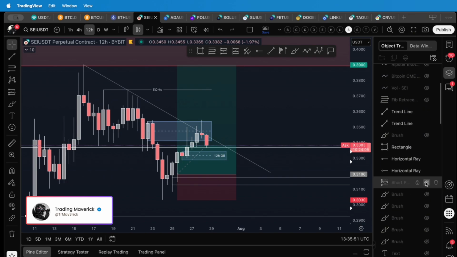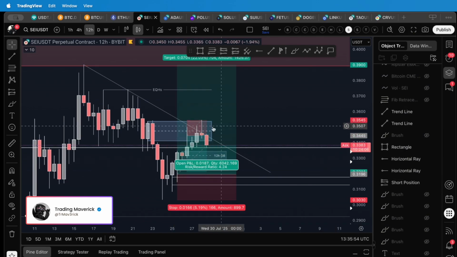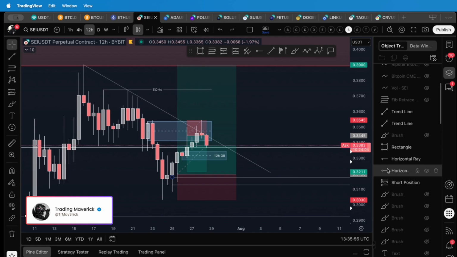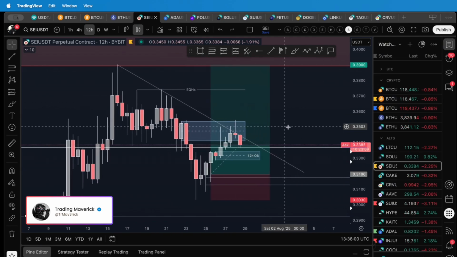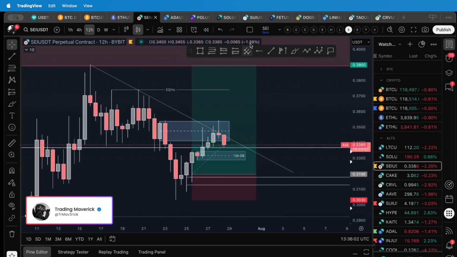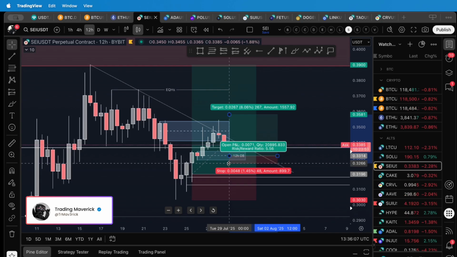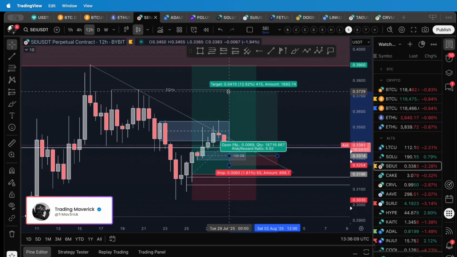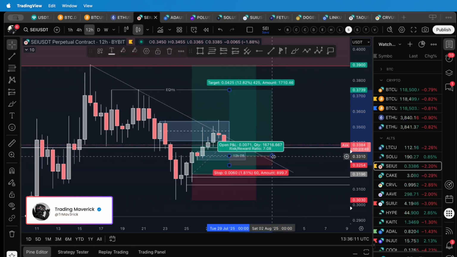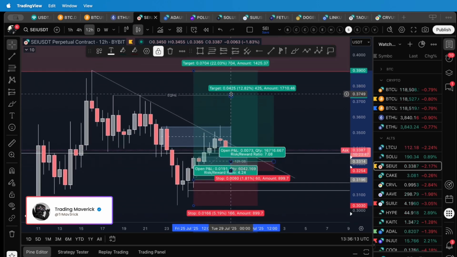And yeah, we also had a short here. Short idea would be stopped just by a little bit, so that was also cancelled. But yeah, here I would maybe open a second long, something like this, and use the same TP.